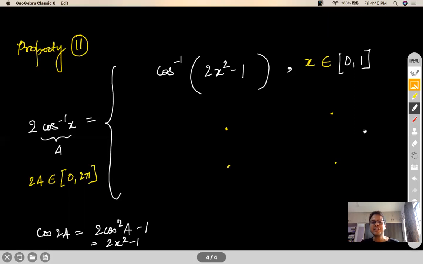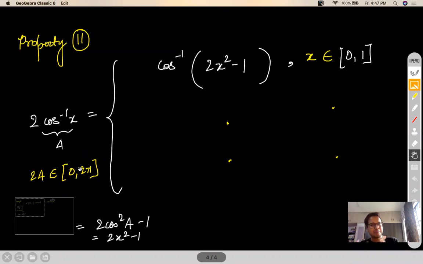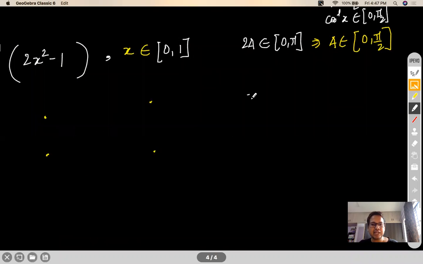Okay. Now, is there any subsequent formula? There has to be, because 0 to 2 pi is not completely exhausted. Right? So 0 to pi I have used out of it. Still pi to 2 pi is left. So I have to take into account where my 2a lies between pi to 2 pi. Now many of you would have an objection that I'm including pi at both the places. Actually, I know I can use it. That's why I'm using it.